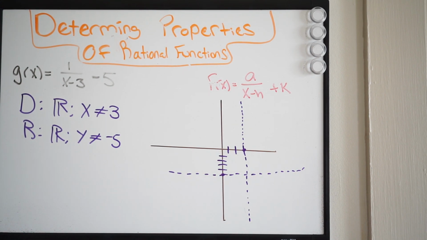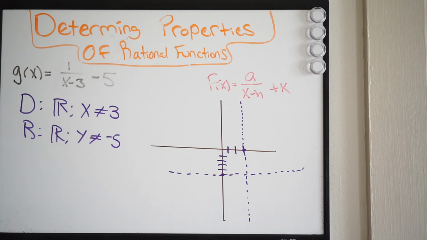Our next step here is to go ahead and graph this rational function by hand. And before we do that, we're going to have to pick some x values so we can determine what's going on with our rational function. We know it has to respect both these vertical and horizontal asymptotes, but we're not really sure which direction it's going in.